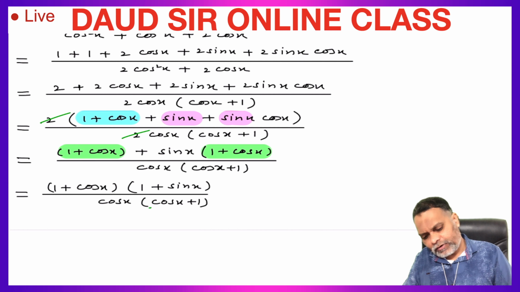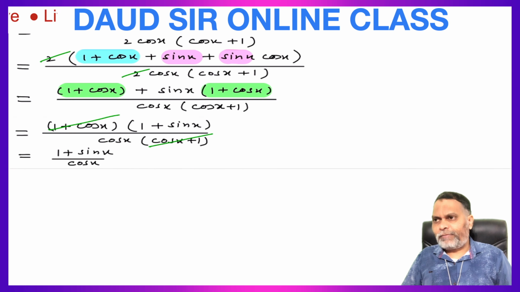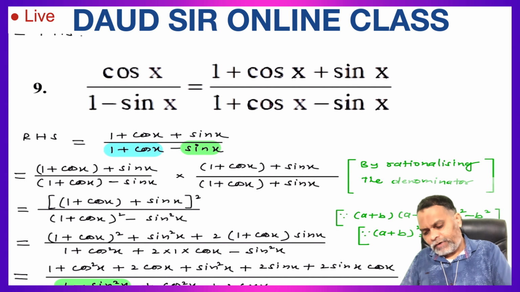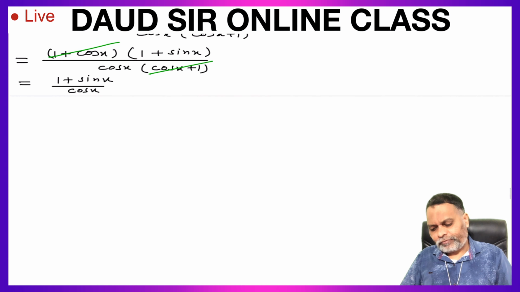Now this bracket cos x plus 1 and 1 plus cos x are the same thing, we can cancel. So we have got (1 plus sin x) upon cos x. Now check, but we have to prove cos x upon 1 minus sin x. So we have to solve it further.